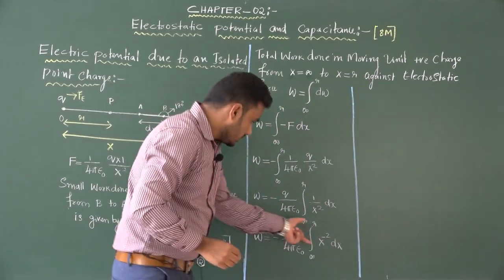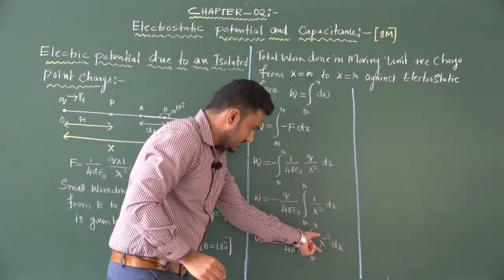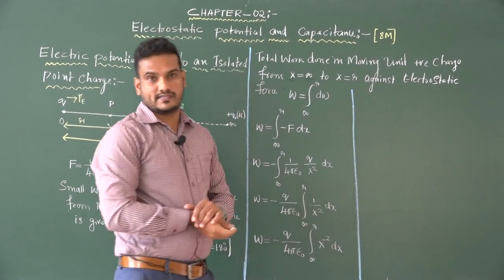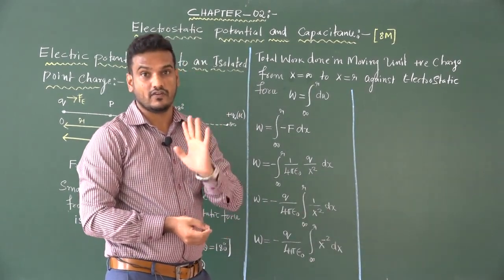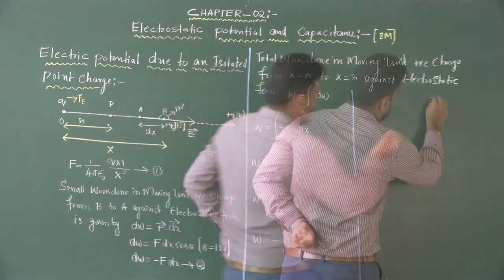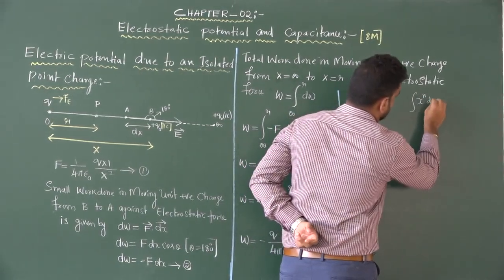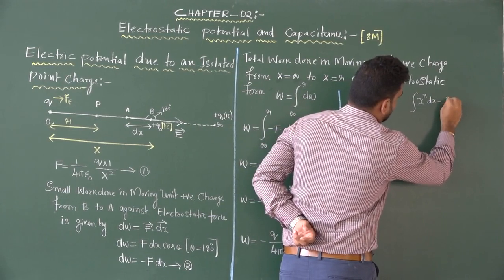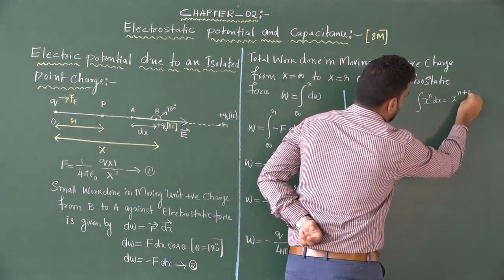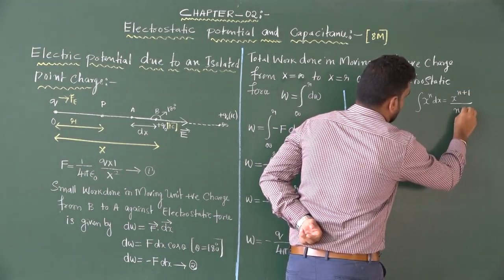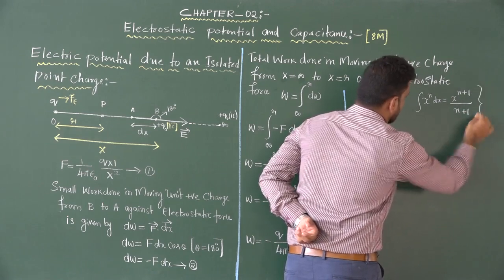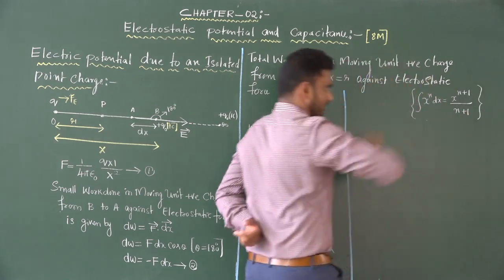Now we have to do the integration of x to the power of minus 2 into dx, using a basic integral formula. Integration of x to the power of n into dx is equal to x to the power of n plus 1 divided by n plus 1. So this is a basic integral formula.